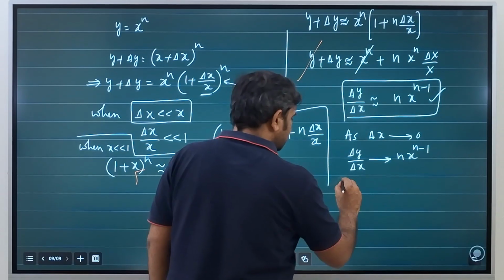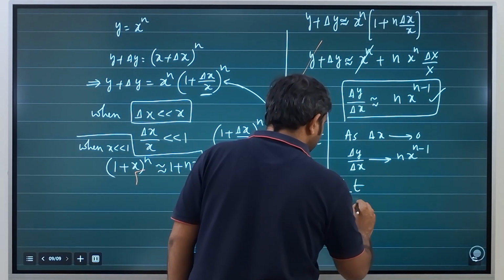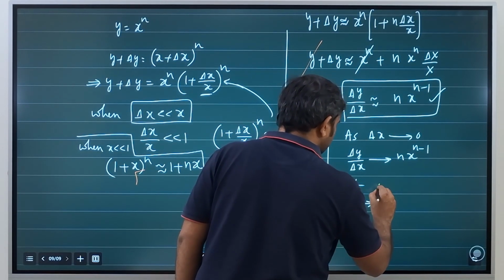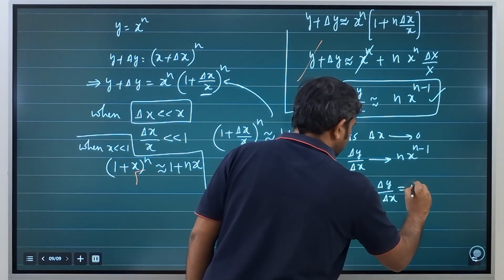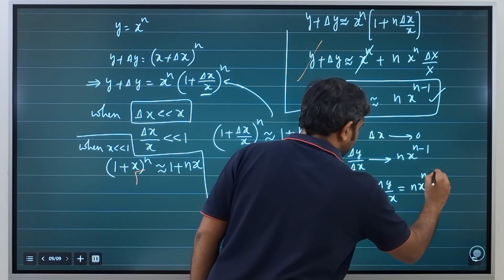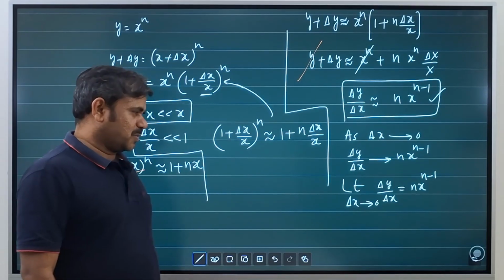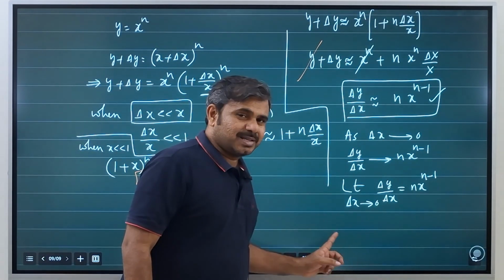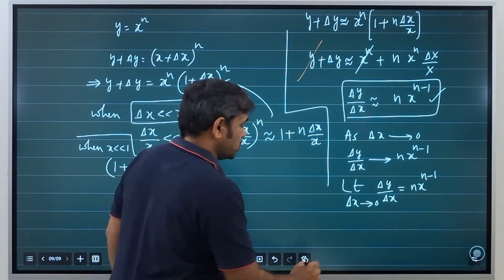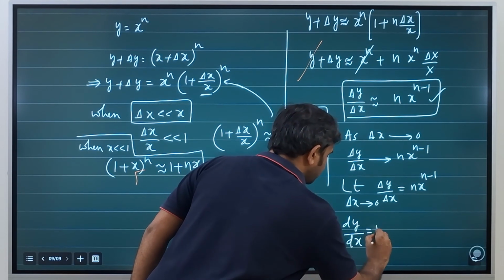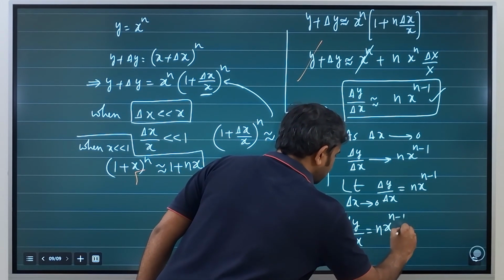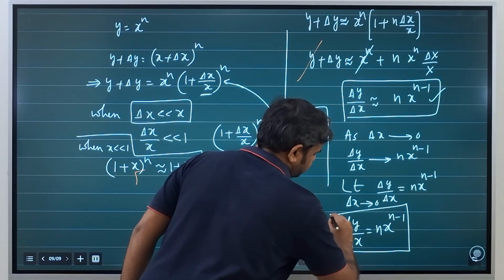What it means is, in the limit delta x tends to 0, delta y by delta x approaches n into x power n minus 1. This is what we are calling dy by dx. So dy by dx is equal to n into x power n minus 1.